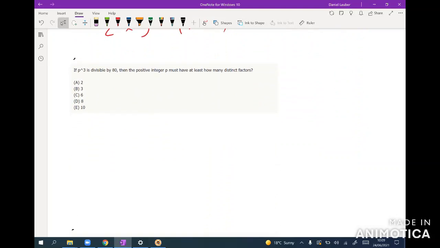If p cubed is divisible by 80, okay, so p cubed equals 80 lots of something. So 80 is 2 to the 4 times 5 times, let's say, something else, m. And we know for cube numbers, the prime factorization has multiples of 3. So what must m be?